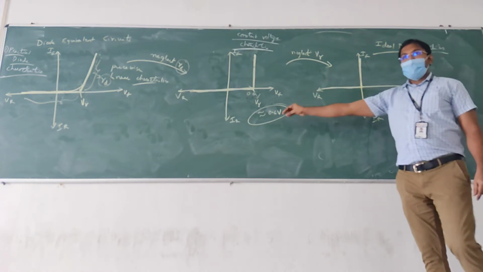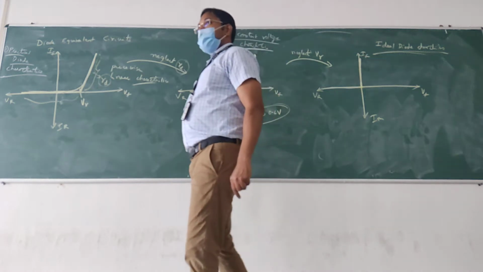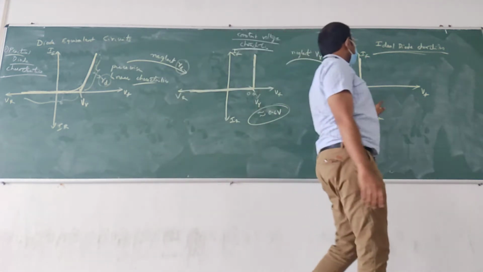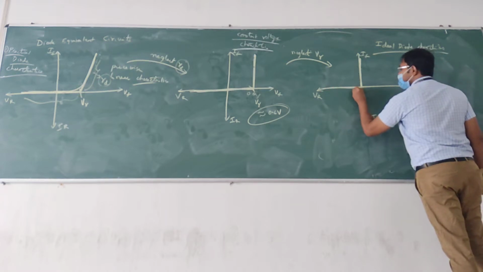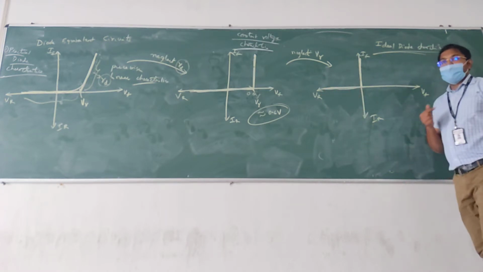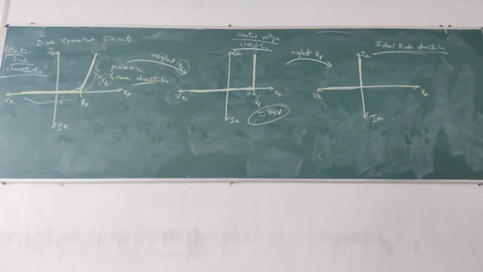Then under reverse bias condition, how do we have the ideal characteristics? Under reverse bias condition, is it switch on or switch off? Switch off.